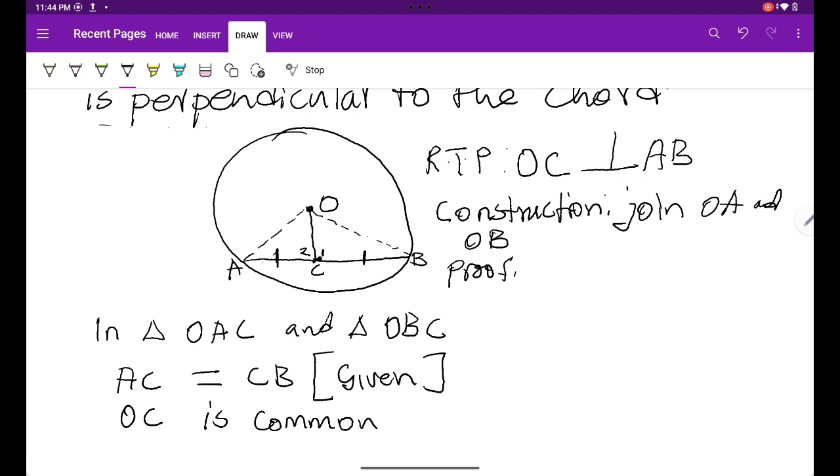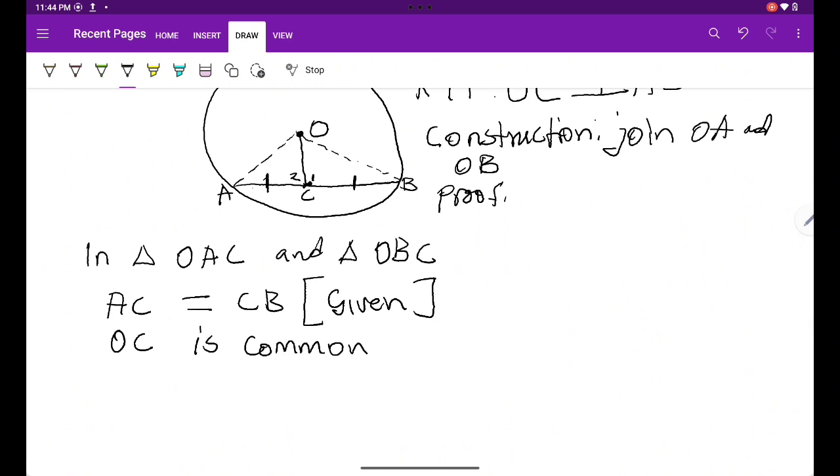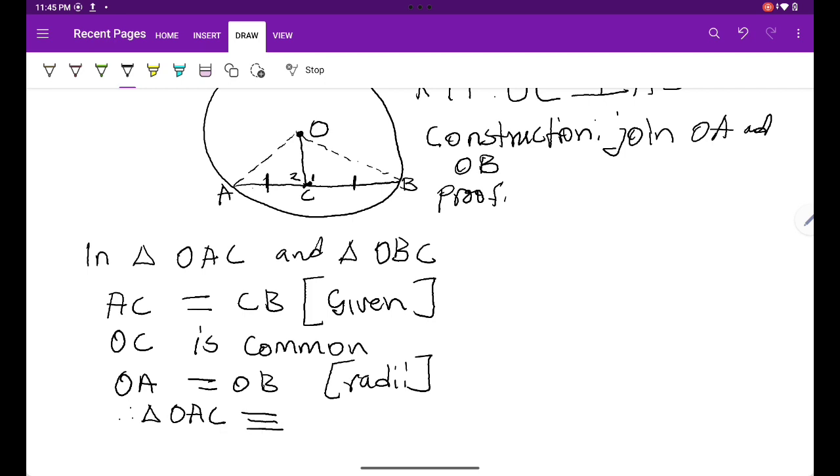Right, and then we also know that the radii of a circle are equal. So OA is equal to OB. They are the radii, one radius but many radii. So the radii of a circle are equal. Now, therefore, we can conclude that triangle OAC is congruent, this is the symbol for congruency, to triangle OBC.